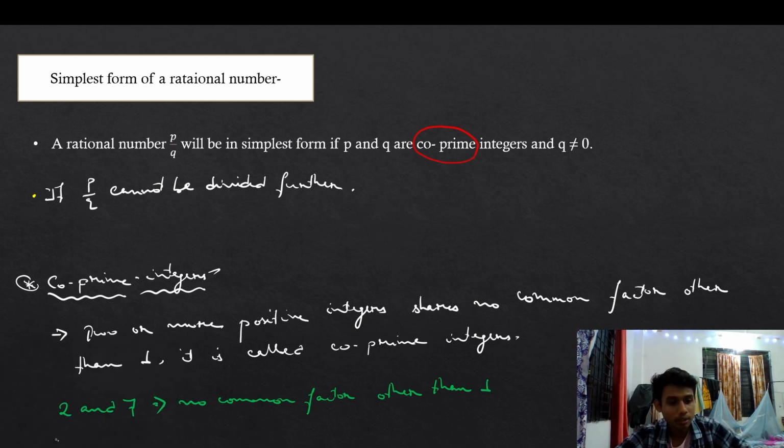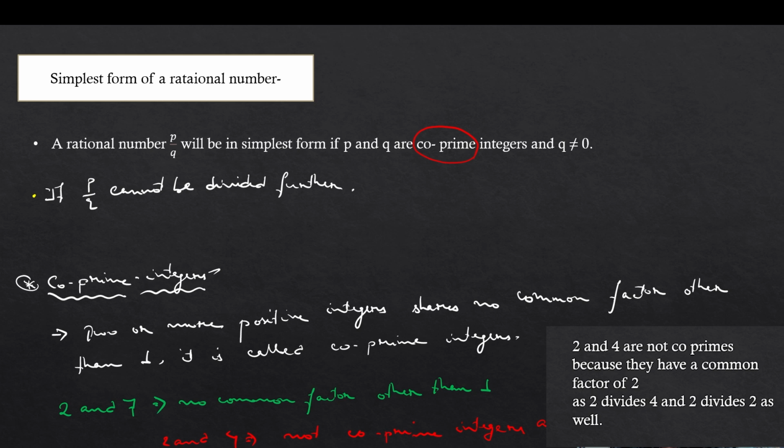If we see the numbers 2 and 4, they are not co-prime integers, as they have a common factor of 2, since 2 divides 2 and 2 divides 4 as well.